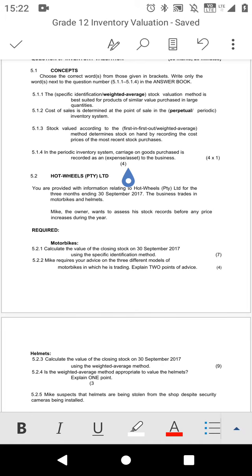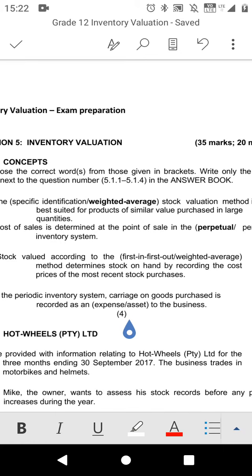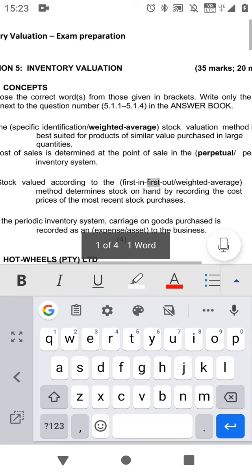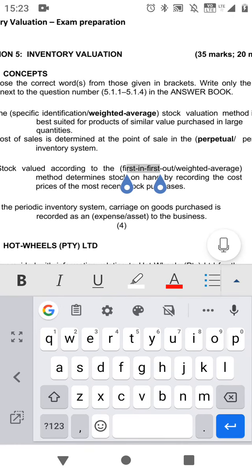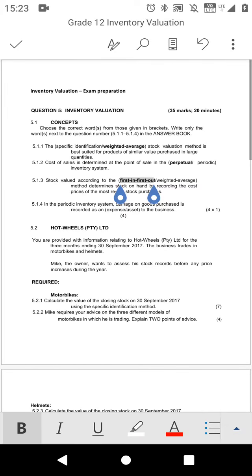The correct answer will be FIFO, first in first out, because in first in first out we determine the stock on hand by recording the price of the most recent stock. The one that we purchase last is the one that we assume is the one that we are left with. Simple as that. Please make sure that you understand this principle so that you can get marks on questions like this.